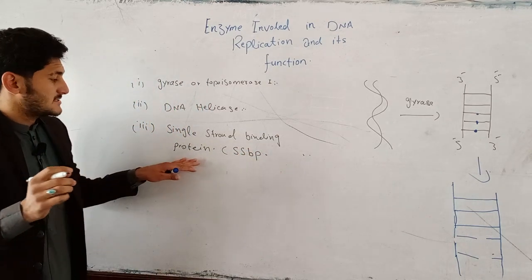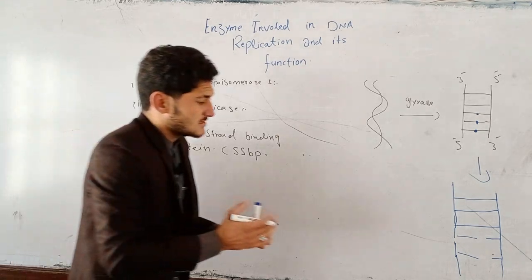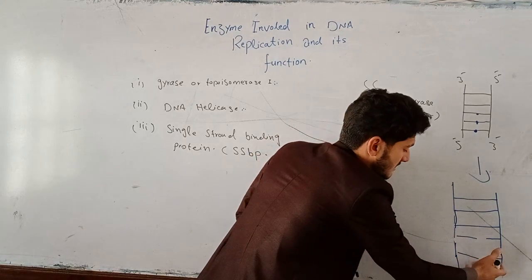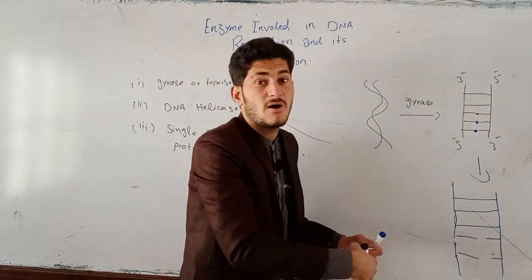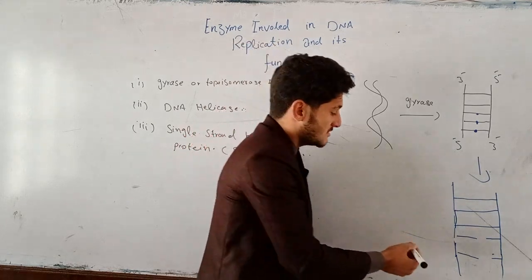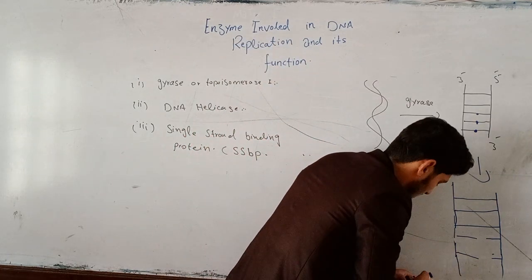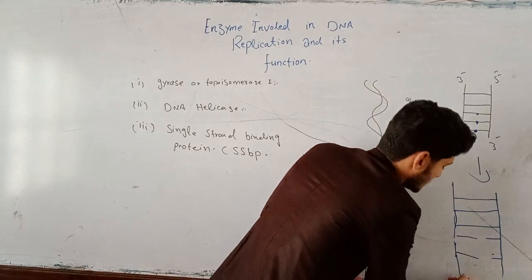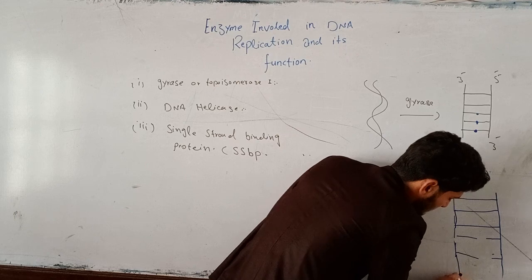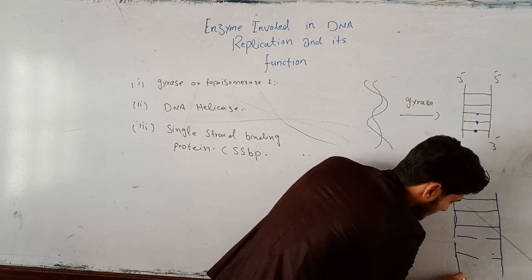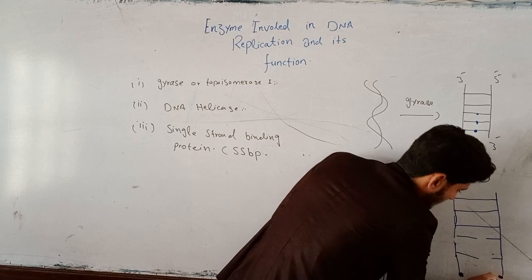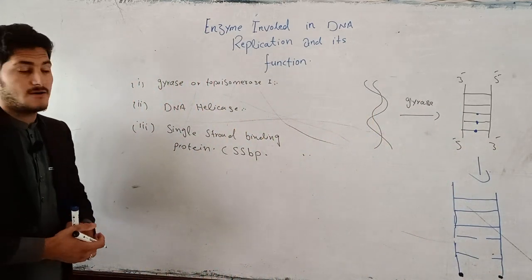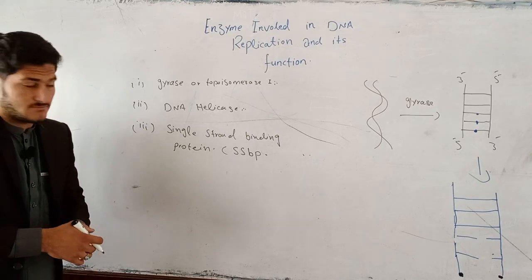What is the function of this single strand binding protein? It prevents the reattachment or rebinding of these hydrogen bonds, that is, it prevents the formation of the hydrogen bonds again. It attaches on these sides of the DNA molecule, so it prevents the rebinding or formation of hydrogen bonding.